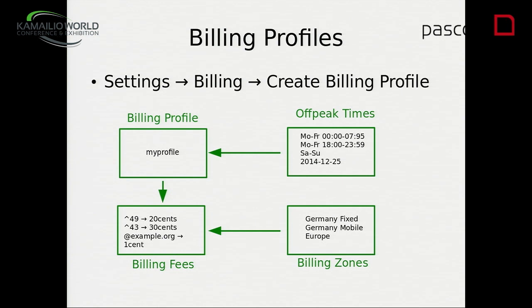You can define your billing fees, and you need to specify in the billing. So, for example, you can specify a billing profile that has 20 cents to call German fixed line, or 30 cents per minute to call German mobile or Austrian fixed line, whatever.